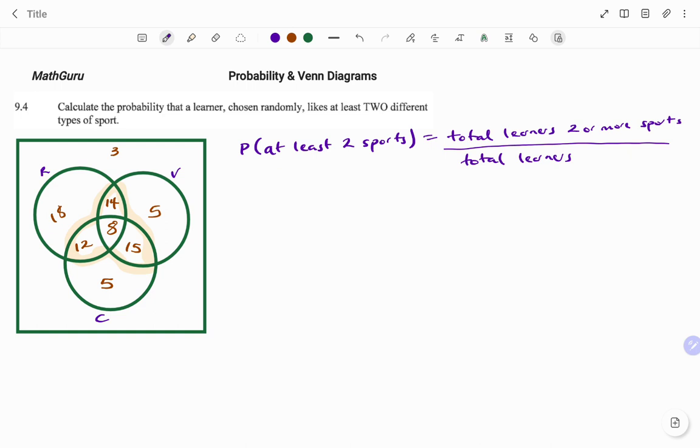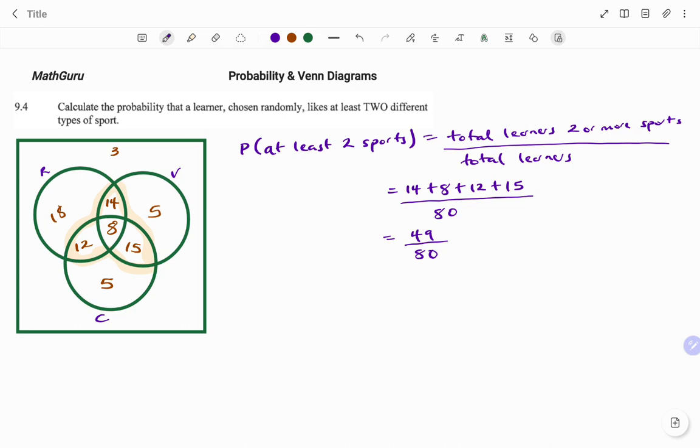And that is equal to, I have 14 plus 8 plus 12 plus 15 divided by the total number of learners, that's 80, and that will give us 49 over 80.